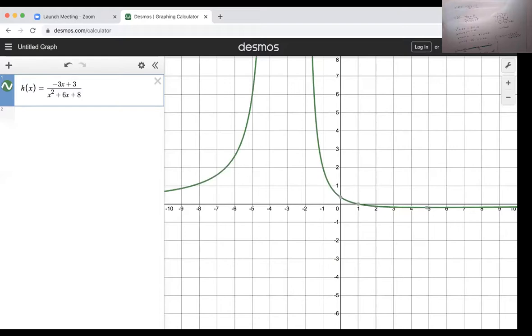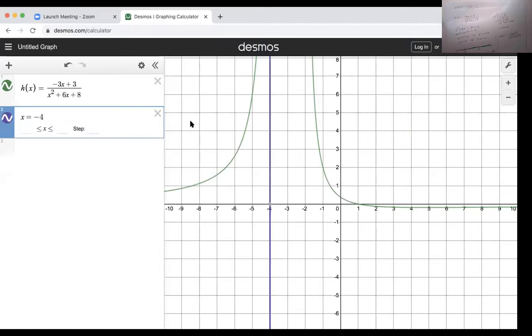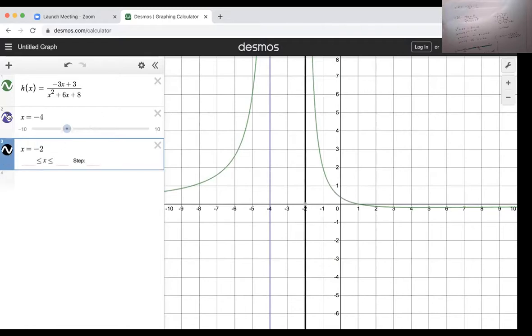Interesting. Now, what did I say my vertical asymptotes were? Well, we had x equals -4. Okay, maybe. And I had x equals -2. Again, maybe.